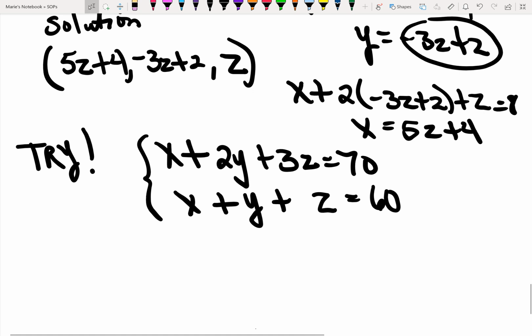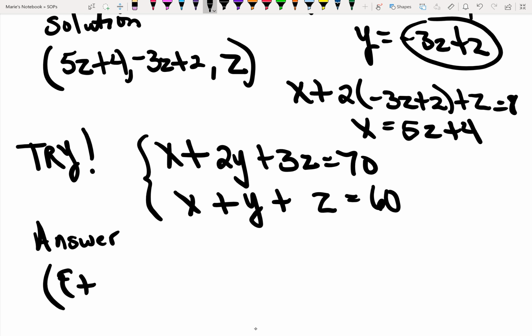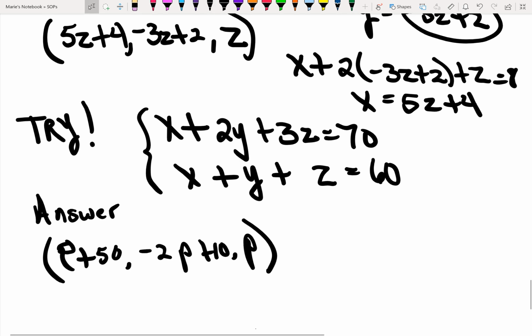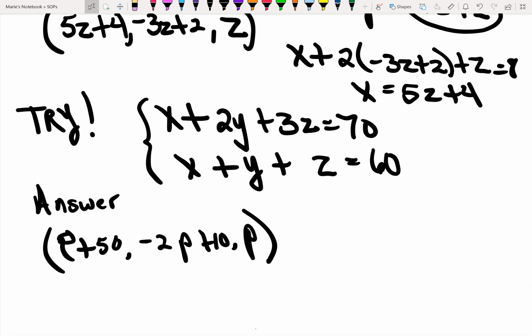And once again, I'm going to give you an answer with p as an insert, but it's an x, y, or z, not a p. It's just holding a place. So I'm going to give you p plus 50, comma, negative 2p plus 10, and p again. Again, you will substitute that in with an x, y, or z depending on what you solve.